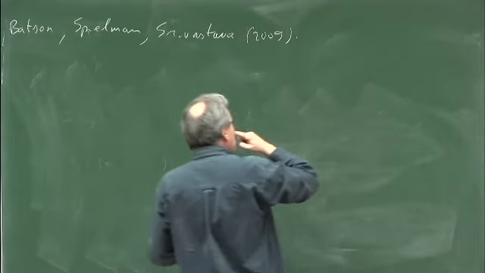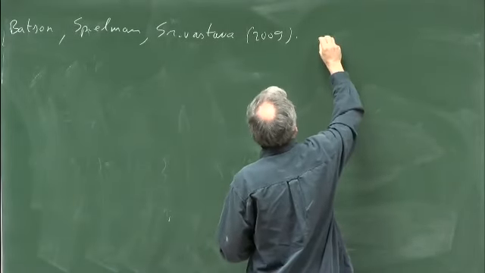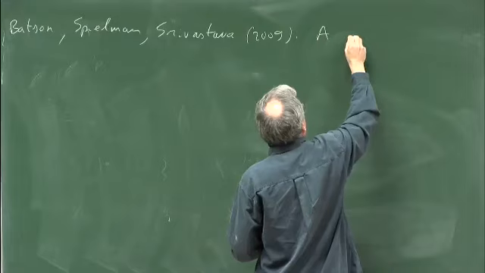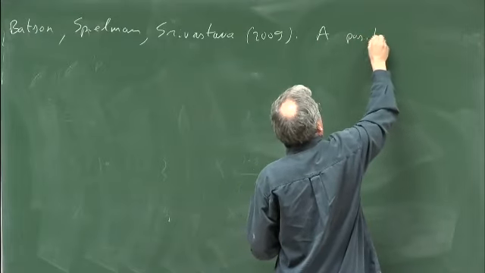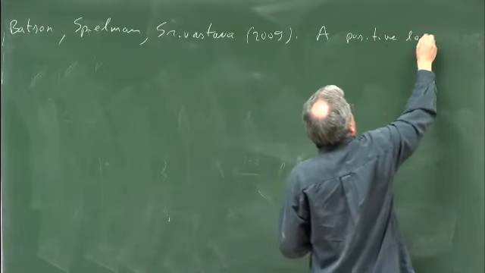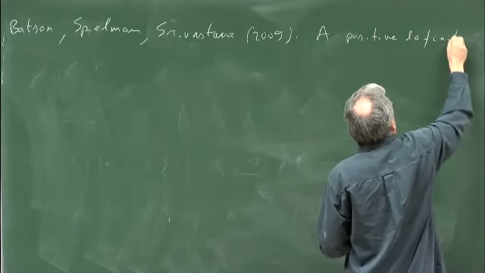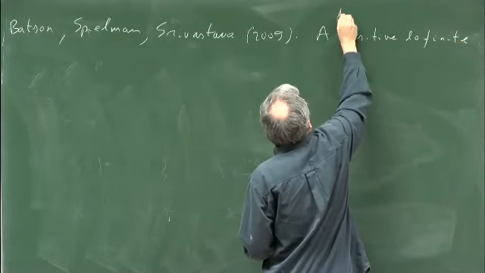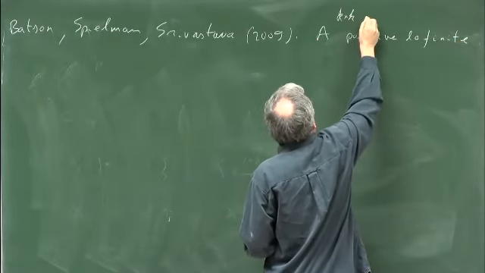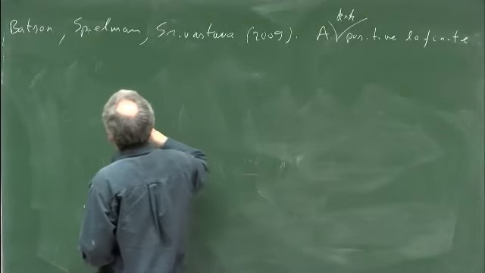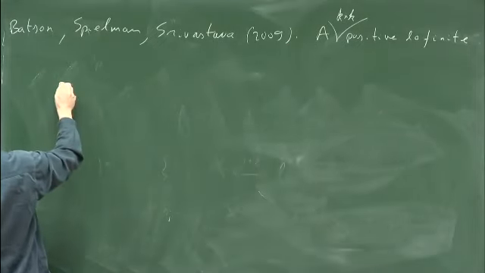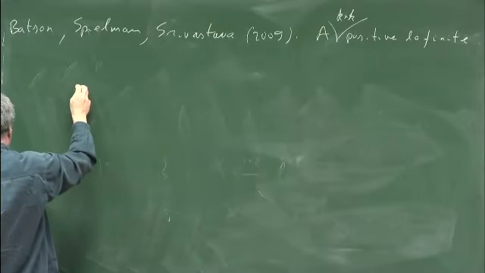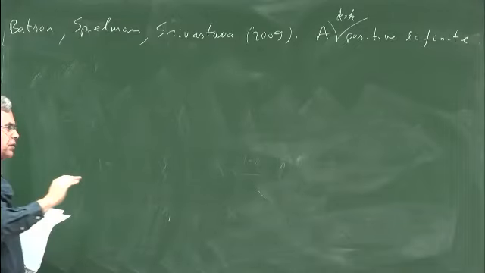So you have a positive definite matrix A, k by k. Of course, I'm talking about symmetric matrices.